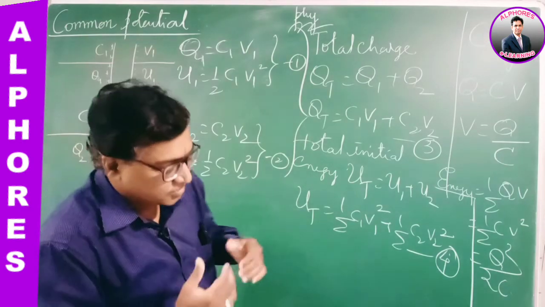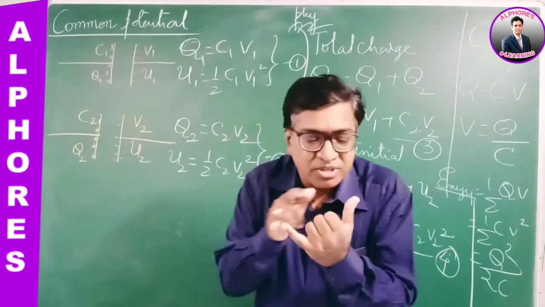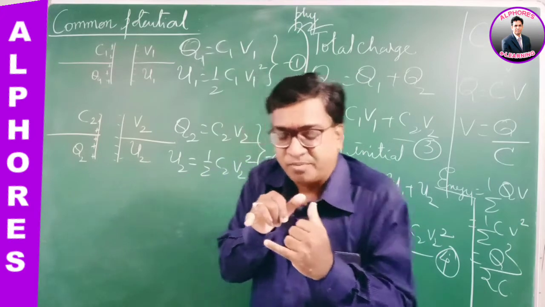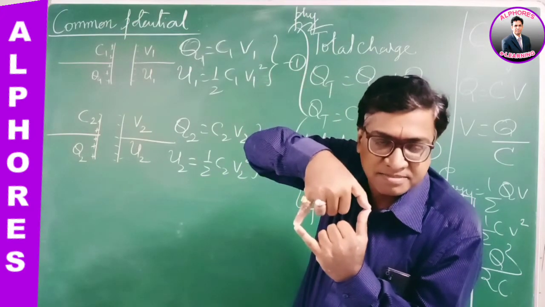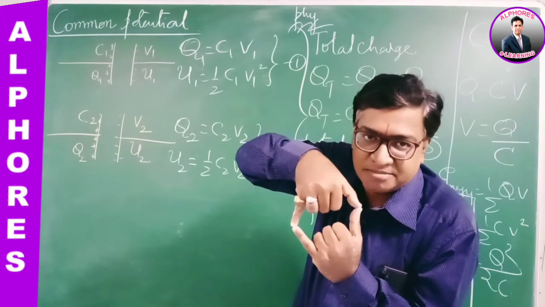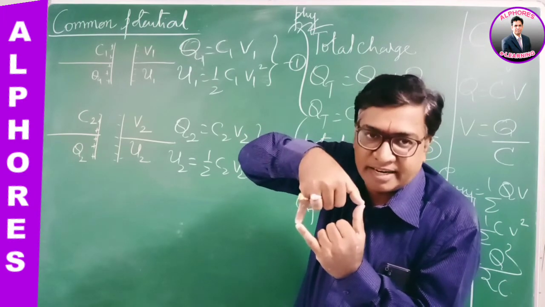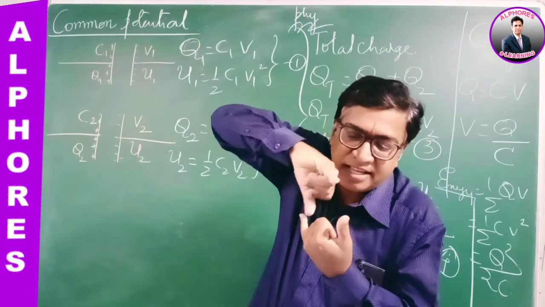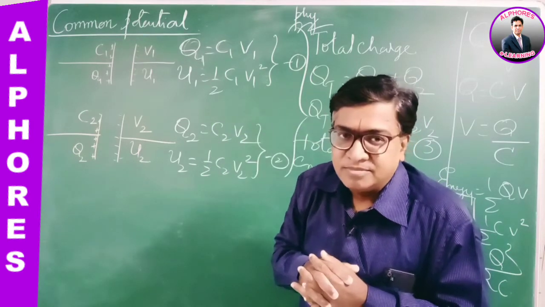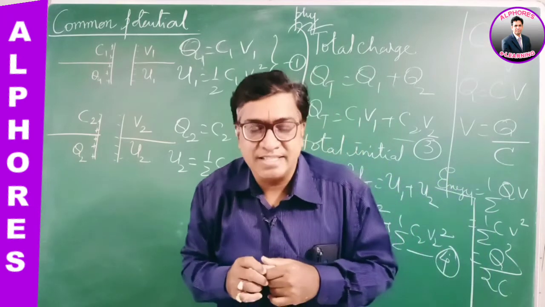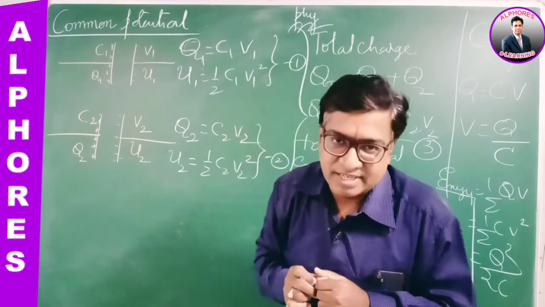How can you do this? Suppose this is one capacitor, positive and negative, and this is another capacitor, positive and negative. I can combine plus to plus, minus to minus like this. This is one way of connection, the correct way. I can even do the other way, plus connected to minus, minus connected to plus. We have to consider both cases.